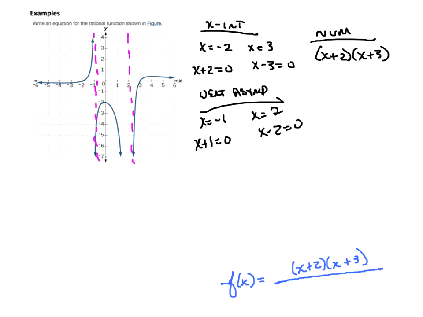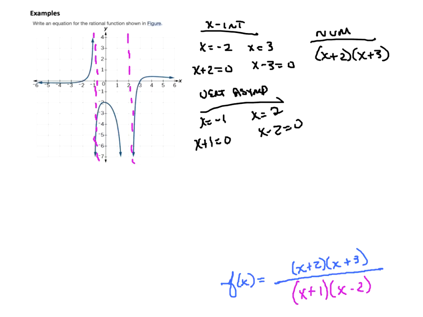That came from x plus 1 equals 0 and x minus 2 equals 0. So now I know that the factors in my denominator were x plus 1 times x minus 2.